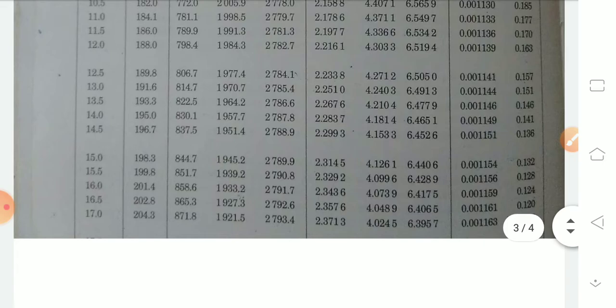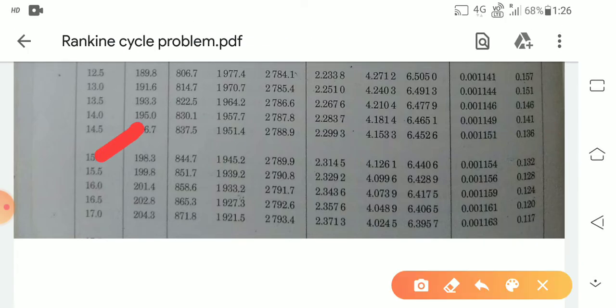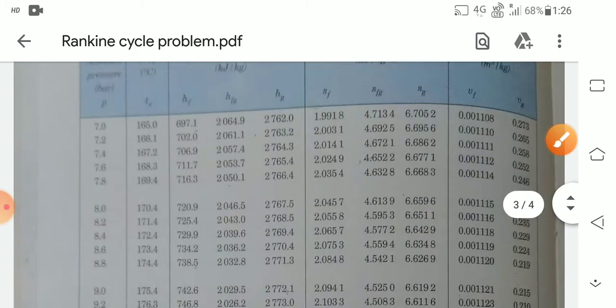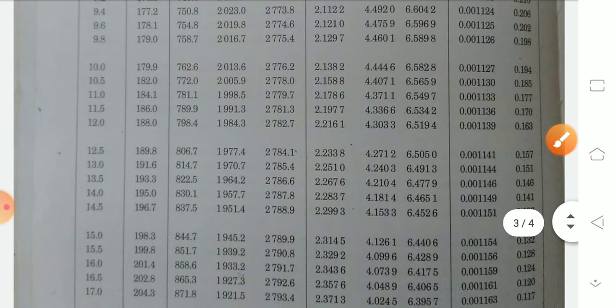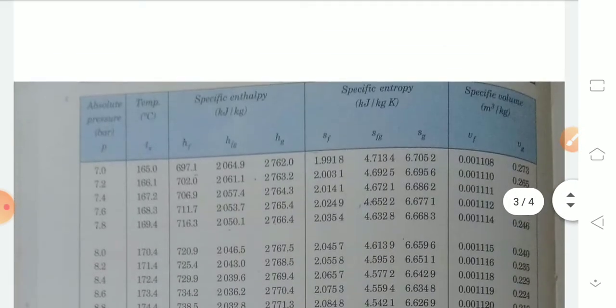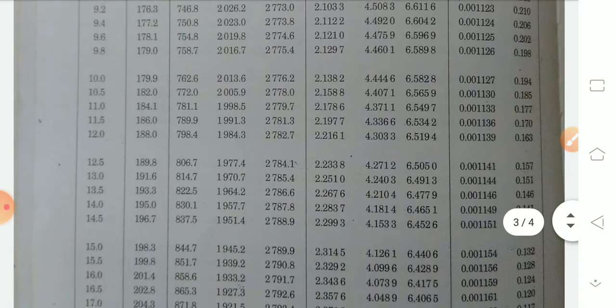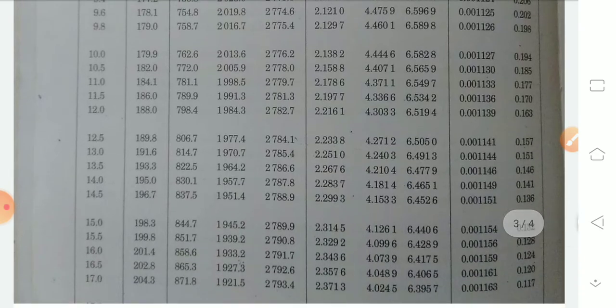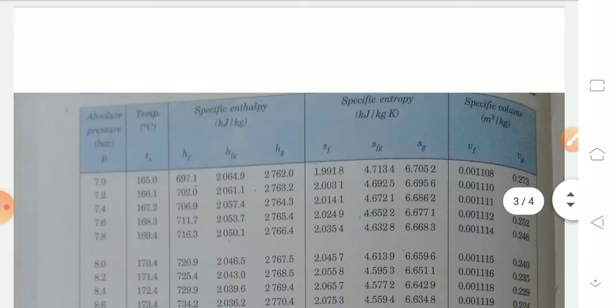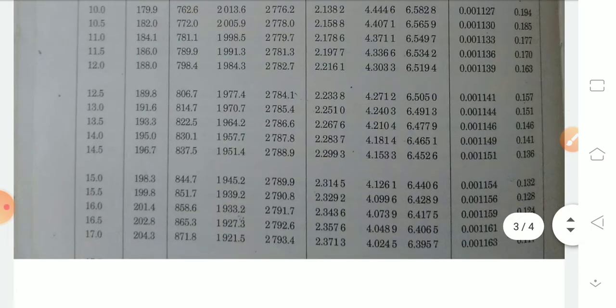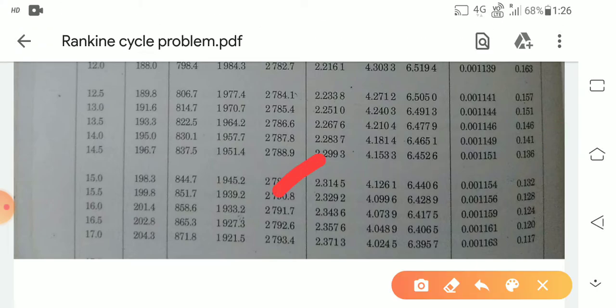So Hf is equal to 844.7 kilojoule per kg, and Hfg is equal to 1945.2 kilojoule per kg, and Hg is equal to 2789.9 kilojoule per kg.